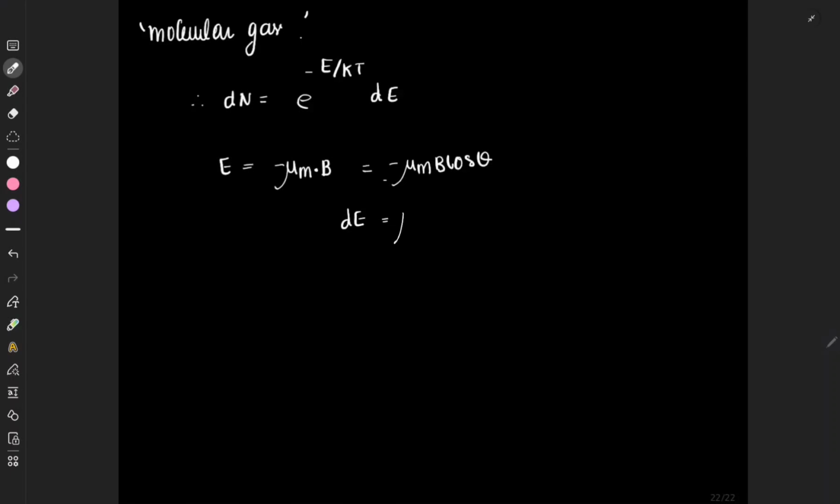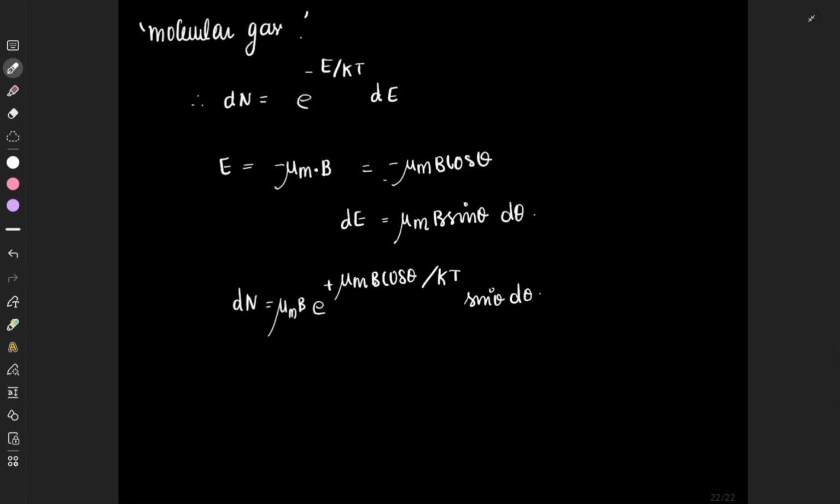dE is mu_m B sin theta d theta. Now you substitute this value into dN. You'll get the formula dN is equal to e raised to plus mu_m B cos theta divided by kT, into mu_m B sin theta d theta.